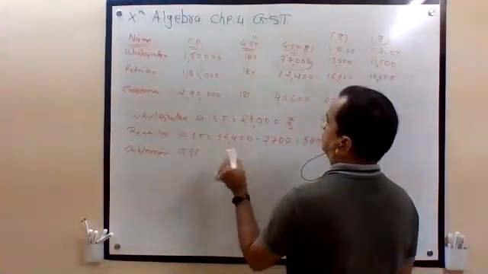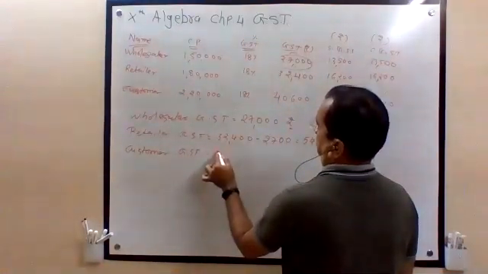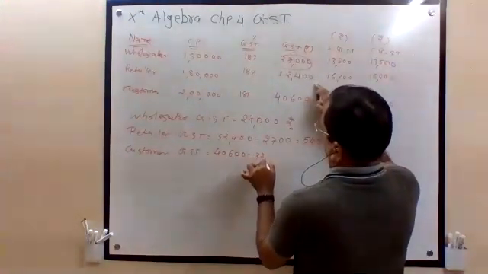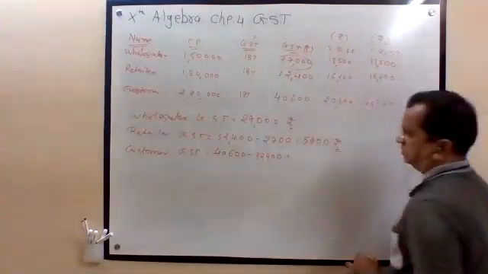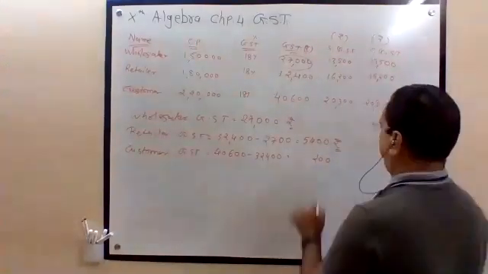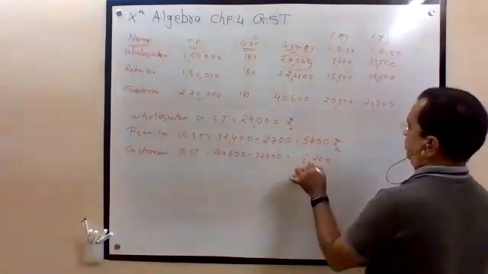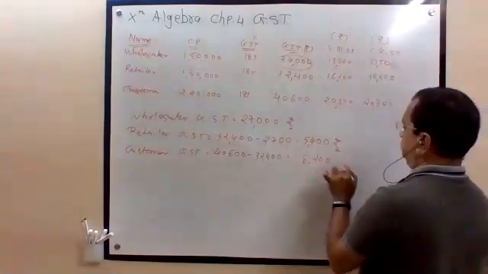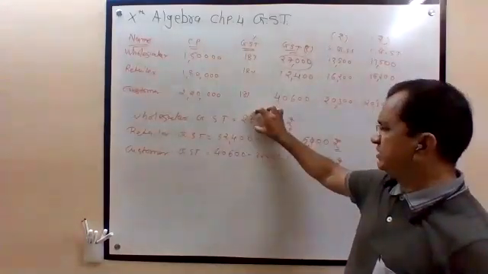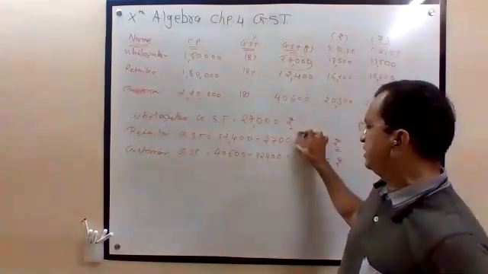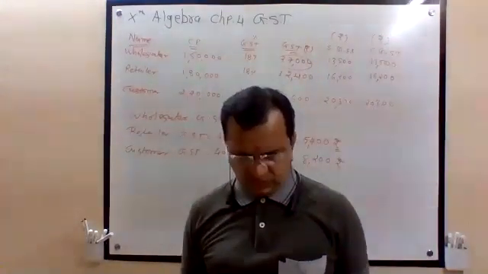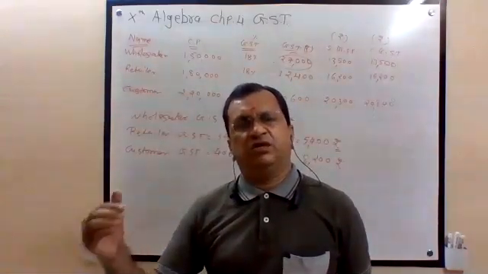Customer's GST is equal to... Here the first person will pay this much GST, this person will get this much GST, this person will get this much GST.